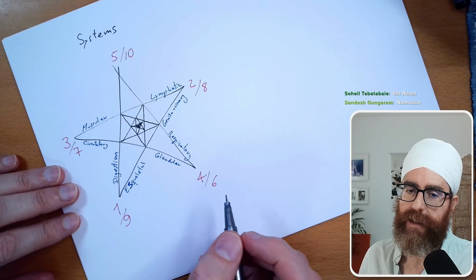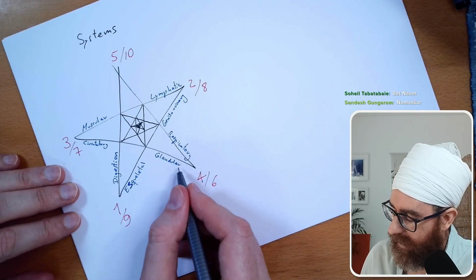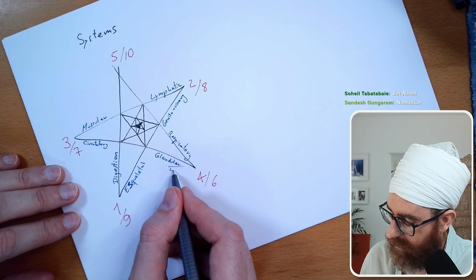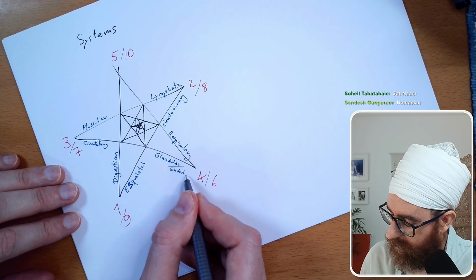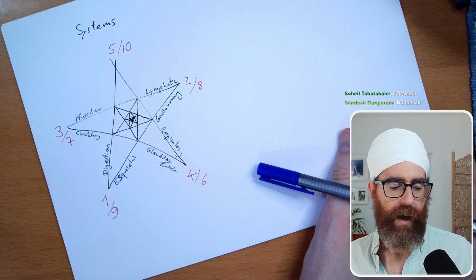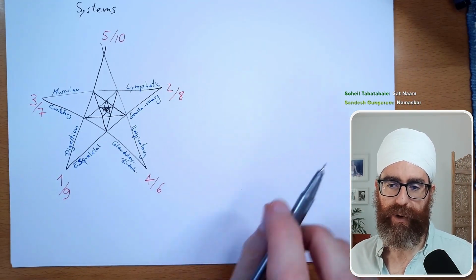The other is the glandular system, what we sometimes call the endocrine as well. The endocrine system. And the glandular system is very associated to 4 and 6. The glandular system regulates many things, but one of the things is the defense mechanism in the body.